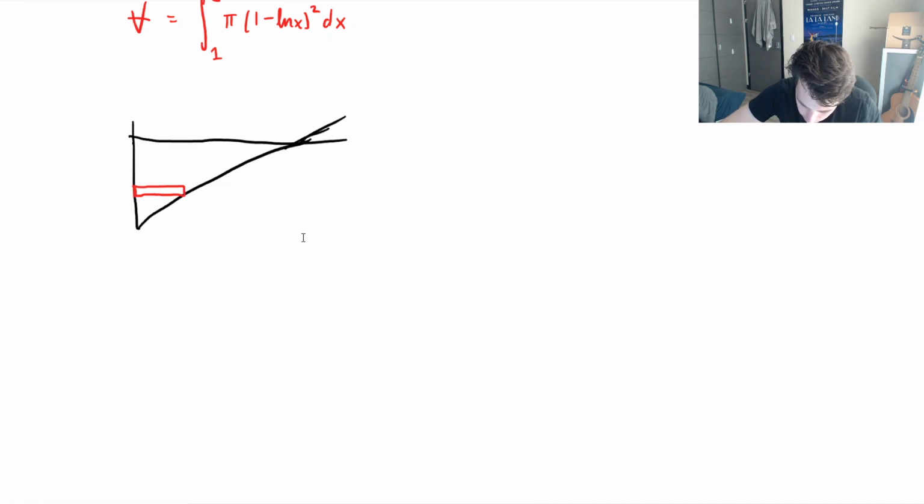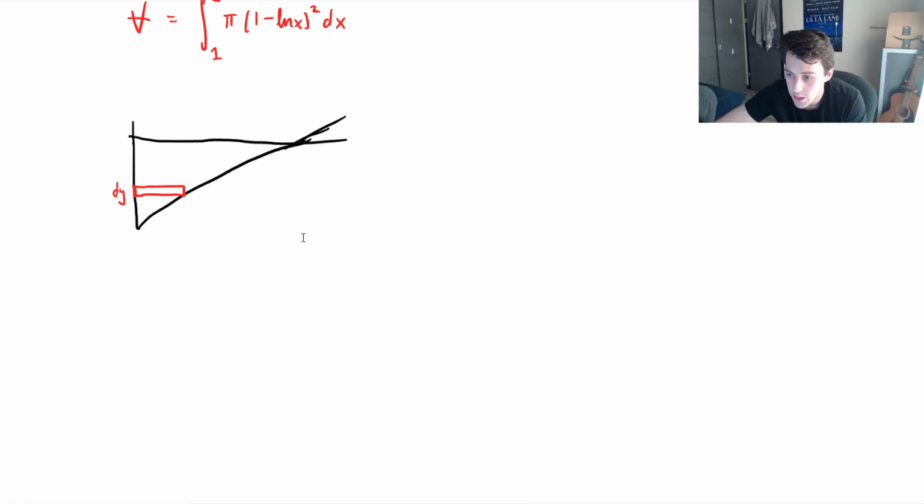Remember, we're doing the sum of the infinitely small horizontal bars, which means that this height is going to be infinitely small, just a tiny change in y.